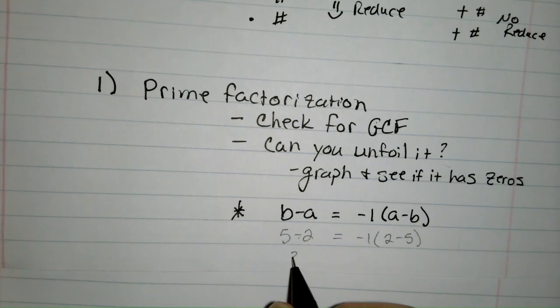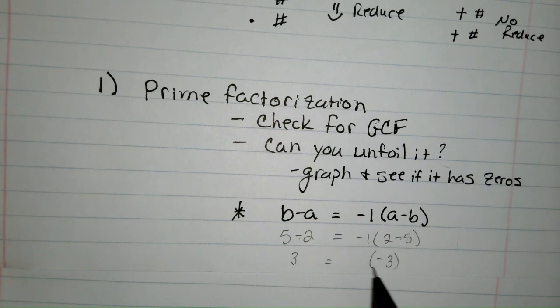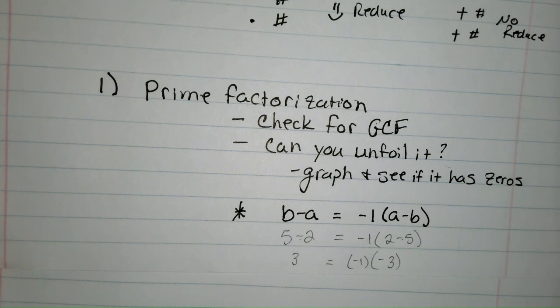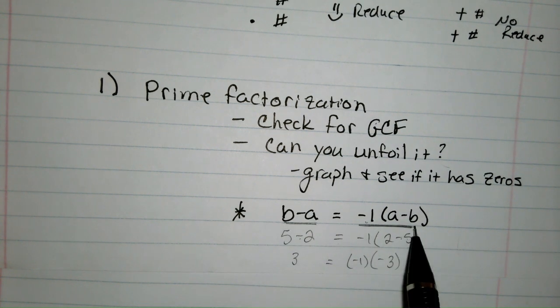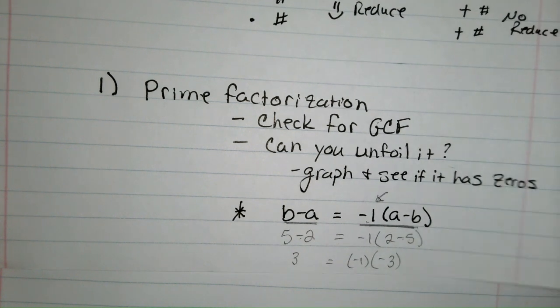Well, 5 minus 2 is 3. 2 minus 5 is -3. But I said, hey, multiply by -1. I do agree. So remember, when you subtract, if you do it one way, you'll get a positive number. If you do it the other way, you get a negative number. Or 0 if they're the same number. I get that. But that's where that -1 comes in. This little trick is very helpful to us sometimes. And so I see it as factoring out a GCF, factoring out a -1.